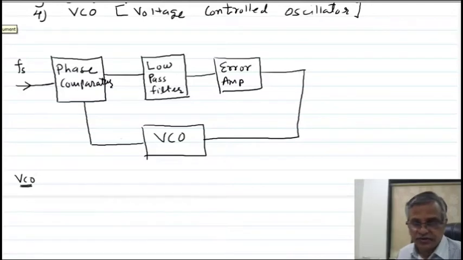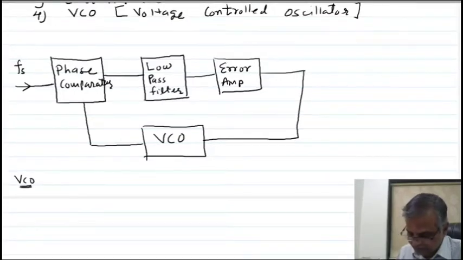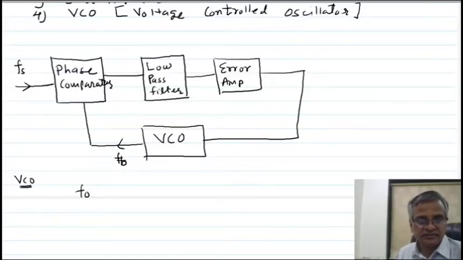It's a free running multivibrator. It operates at frequency FO. So this generates the frequency FO. FO is a free running frequency.